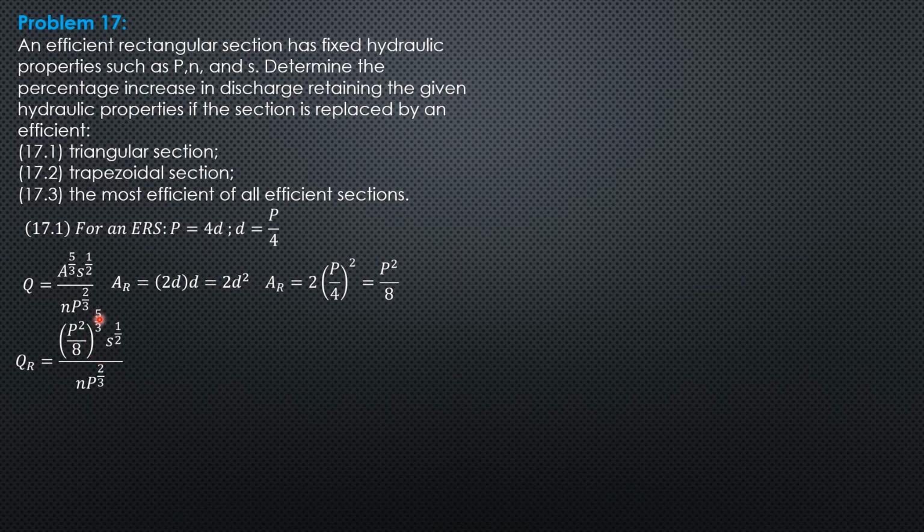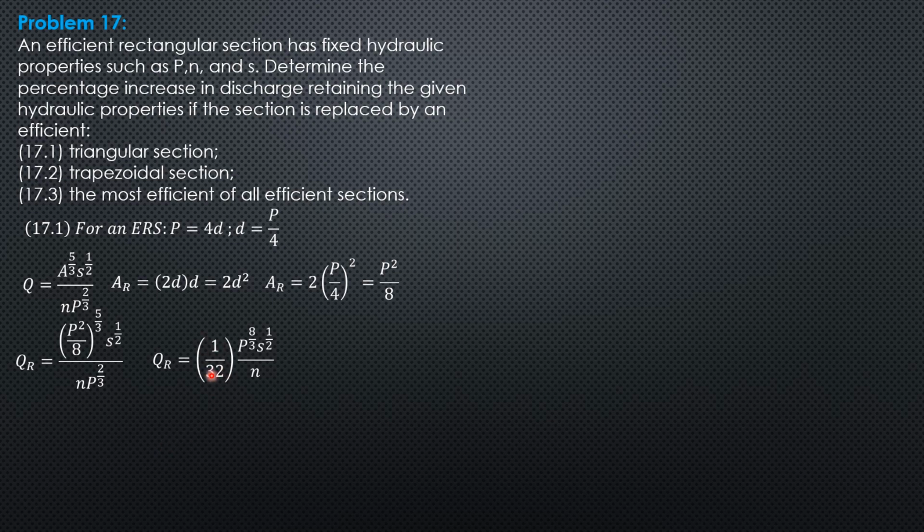So perimeter to the 10/3 divided by perimeter to the 2/3, so power of perimeter is 8/3. And simplifying 1 over 8 to the 5/3, that's 1 over 32 perimeter to the 8/3, S to the 1/2 over N.